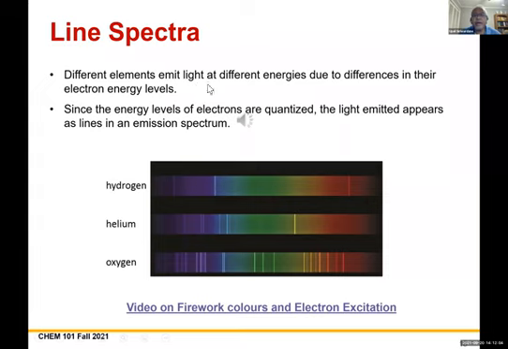Different elements emit light at different energies due to differences in their energy levels. Since the energy levels are quantized, the light emitted appears as lines in the emission spectrum. So this is really an absorption spectrum. These lines are absorbed at certain frequencies.